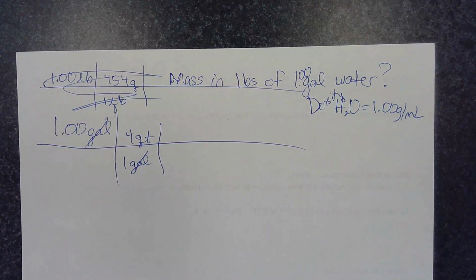So we're trying to get that. You have to use density as a conversion factor. What are the units for density? Grams per milliliter. So what are you going to have to get quarts into? Here's where the problem is, I believe. You don't know what kind of unit quarts is. What kind of unit is quarts? Say it, volume.